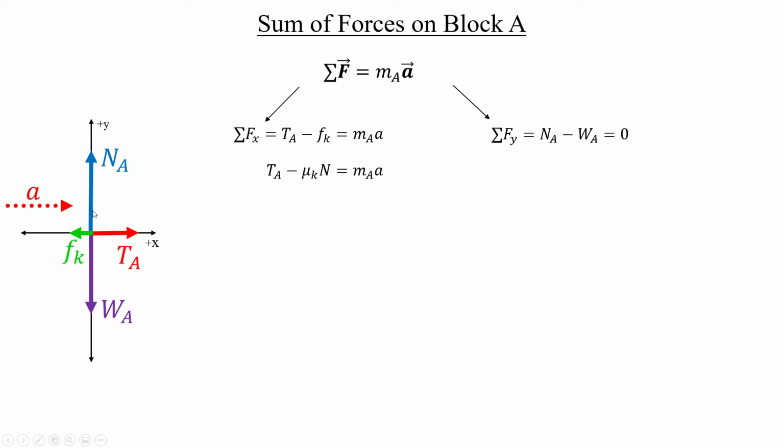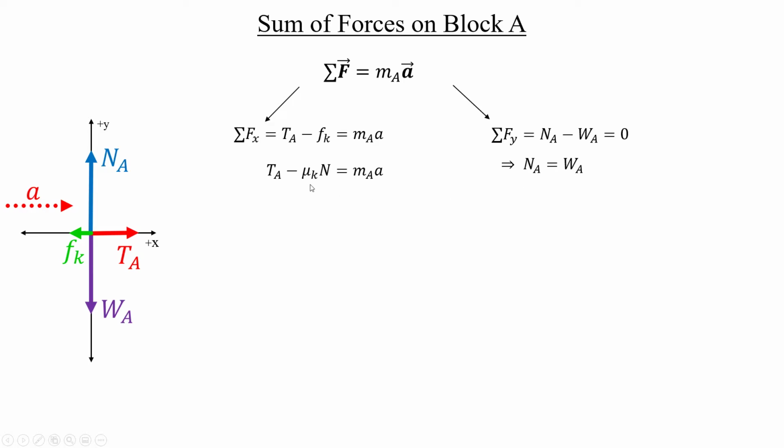And the block is not shooting up into the air or diving down into the earth, so there's no acceleration in the y direction. Hence, ma is 0 here. Which means we can just take the weight of block A, move it to the other side, and bam. Now we have an expression for what the normal force acting on block A is. It's just block A's weight.